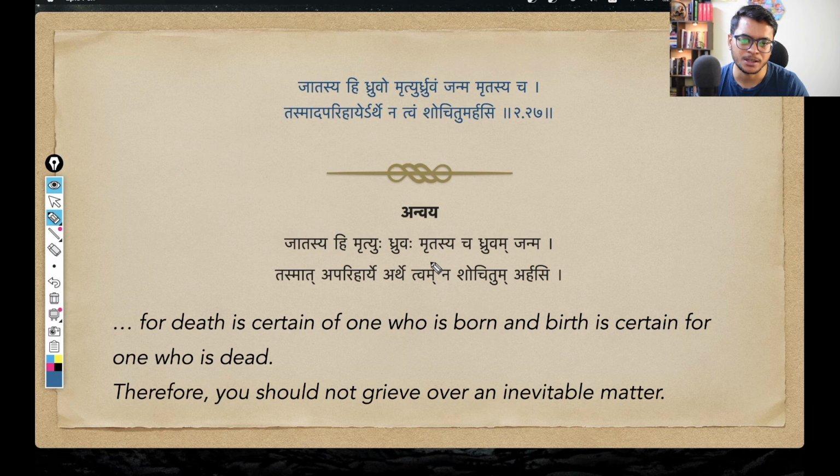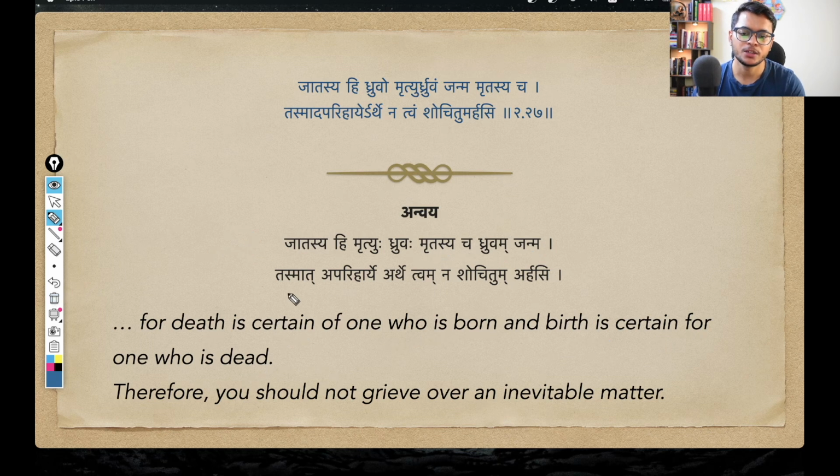Same you can see here, mritasya cha. This cha is basically connecting these two sentences, but it is placed after the first word of the second sentence. But anyways, Krishna is continuing from the previous shloka and saying, Jatasya hi mrityuhu dhruvaha, that for the death is certain of one who is born, cha, and mritasya dhruvam janma, and birth is certain for one who is dead.